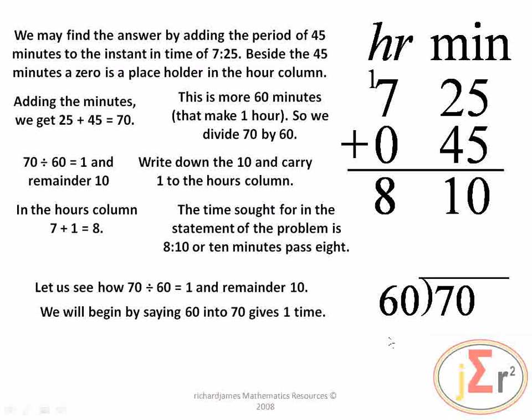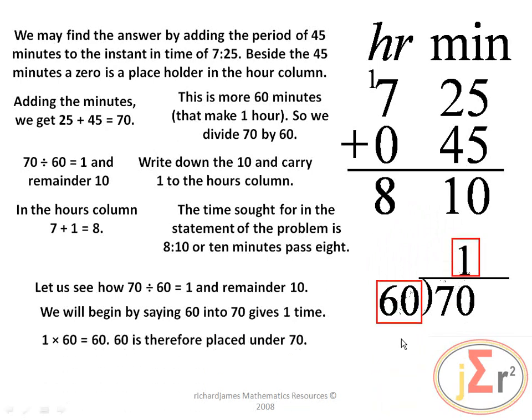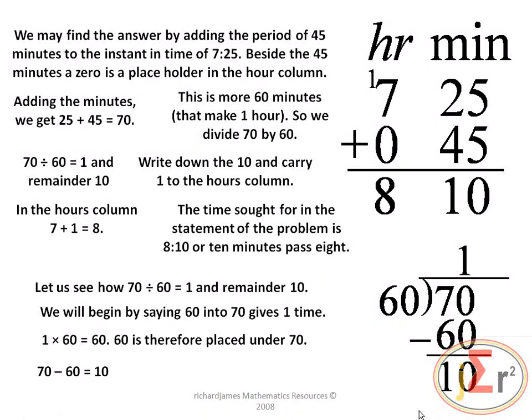So the 1 goes there, and we say 1 multiplied by 60 is 60, right? 1 multiplied by 60 is 60, and 60 goes there. Then we subtract 60 from 70, and the result is 10. So we have 1 hour, and the remainder is 10, so that's 10 minutes.